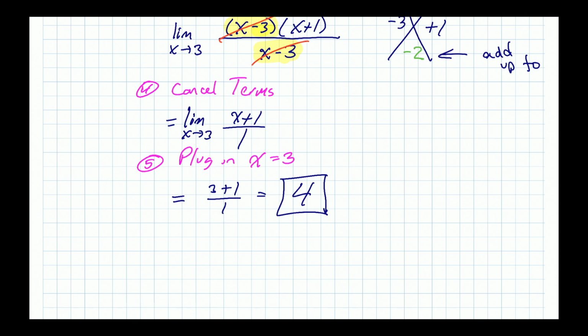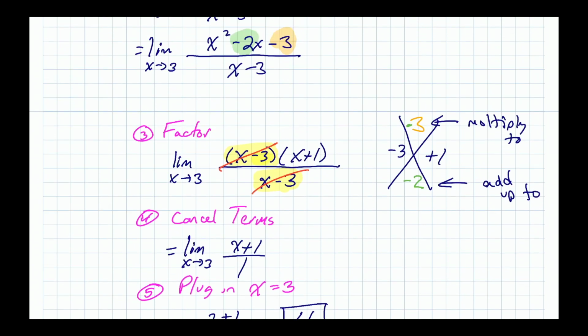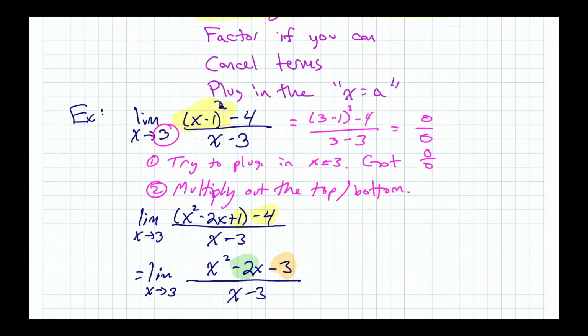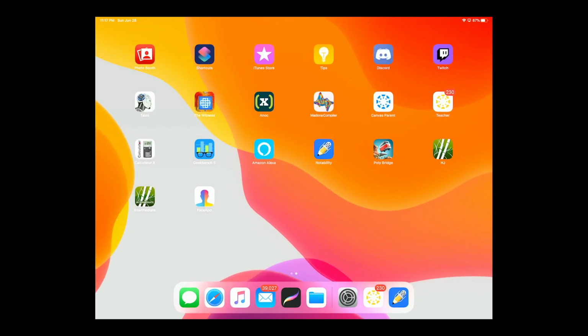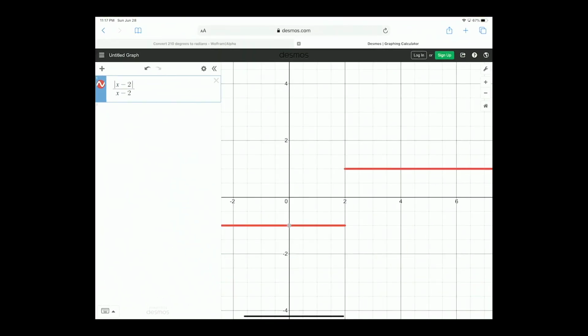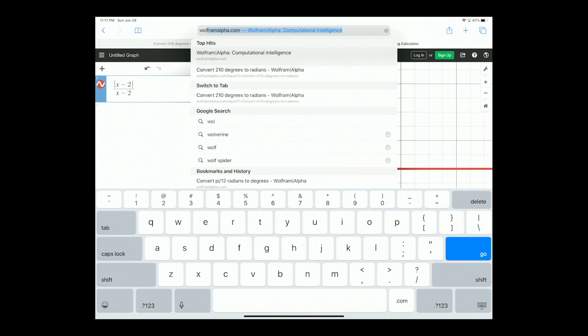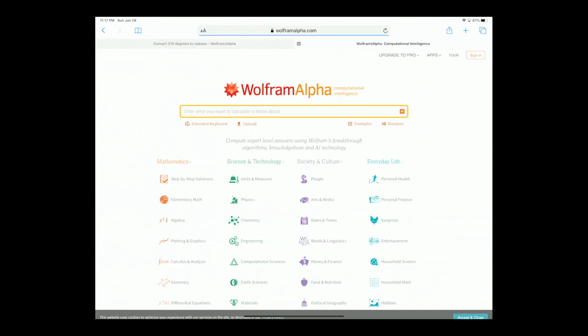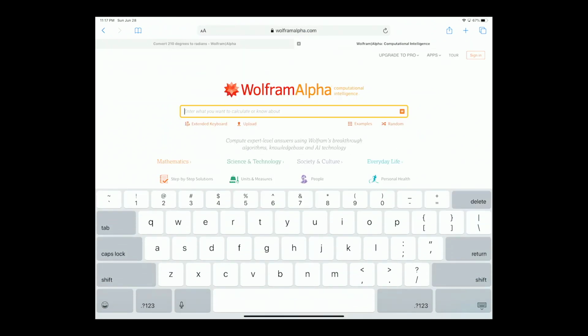Not too bad. Okay, now something I do want to mention before we go on here is that you can have a computer do as much of this or as little of this as you want. So what do we have? X minus 1 squared minus 4. Okay, so if I open up the computer here, go to wolframalpha.com, and type this in, what was it?